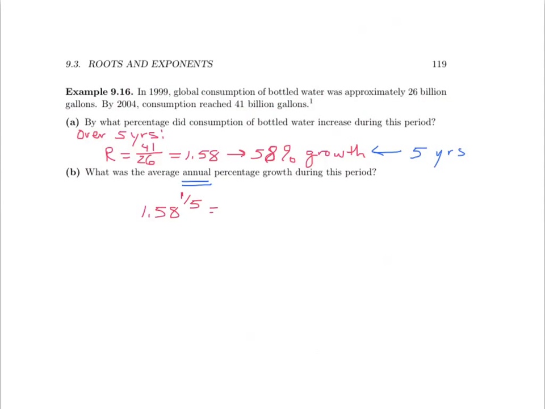And if we do this, we arrive at a decimal approximation of 1.096, which corresponds to a 9.6% growth. And this is annual. So this is the annual average during this time period.